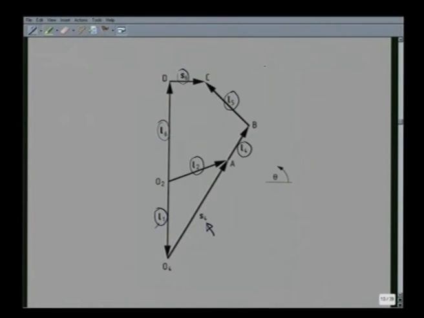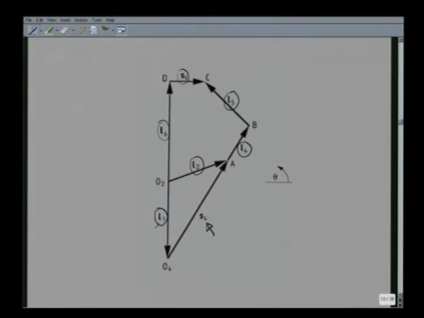Whereas, there are 2 other vectors, namely S4 denoting the distance O4A, which is changing with time. Same is true for S6, which represents the movement of the cutting tool. Here it is DC represented by the vector S6.